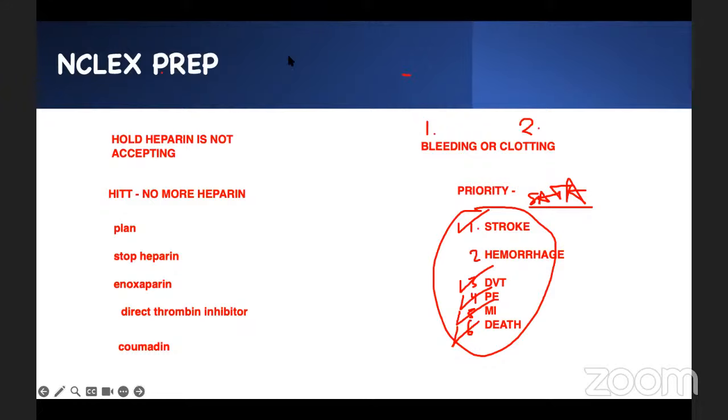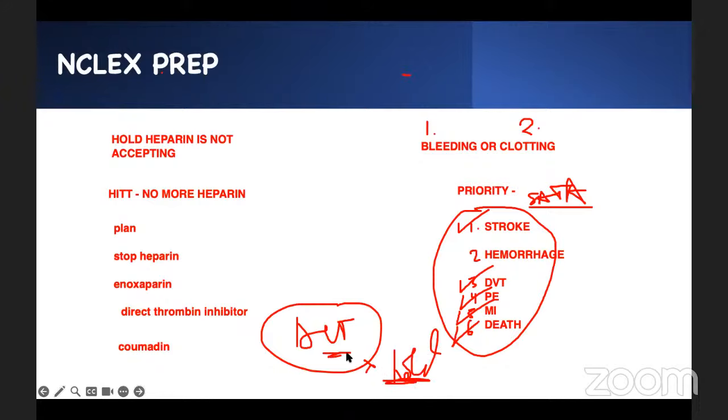Remember, this patient had a DVT. So I cannot let them develop DVT anymore. If I hold the medication, then it does not have anything. He's already going to have a clot burden, so I don't want him to get sick from the clot burden. I still have to treat him. So holding heparin is not a good option. Don't hold heparin.